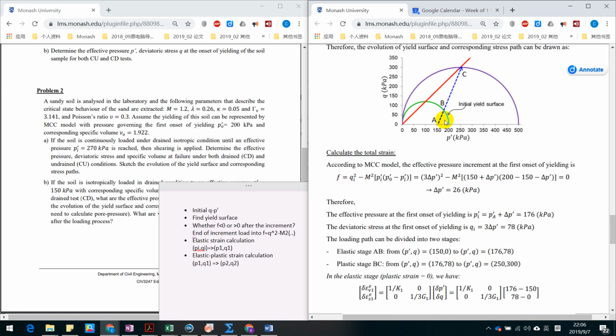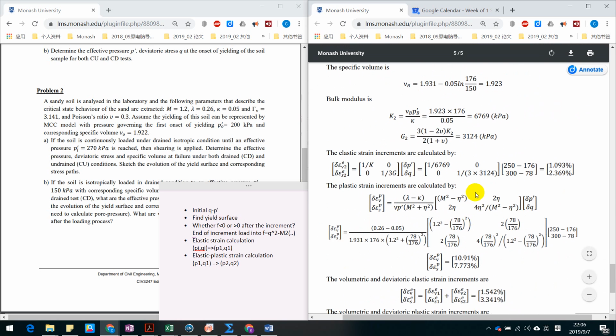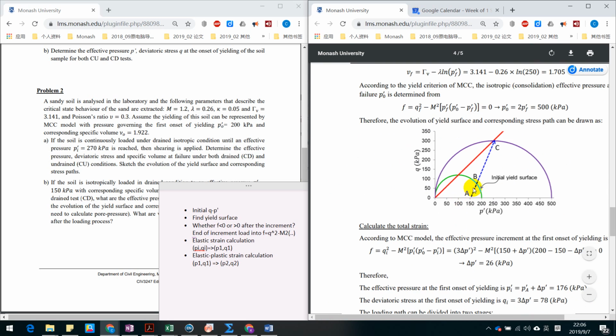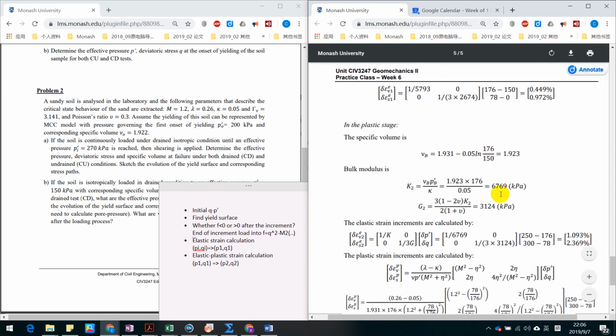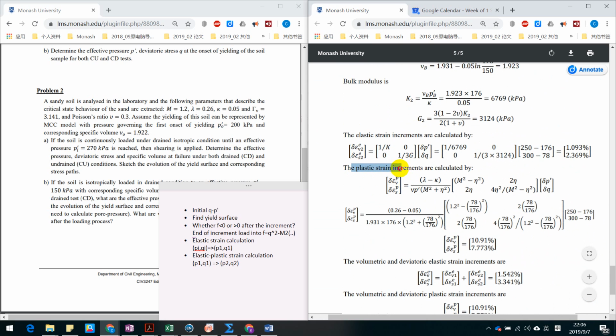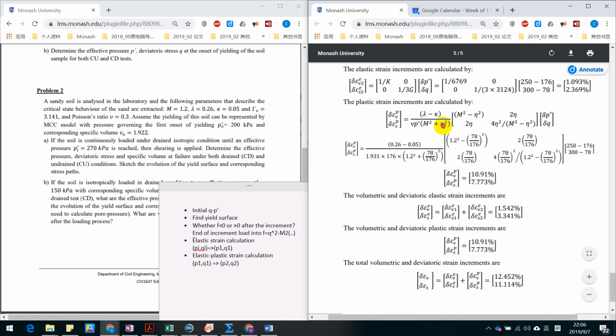And the increment is from B to C, which is this matrix minus this matrix, as shown here. Therefore, we have to calculate the nu corresponding to stage B, which is also very important because you have to plug it into both the elastic strain component and the plastic strain component. And then the calculation is demonstrated here. Okay, this is for problem 1.